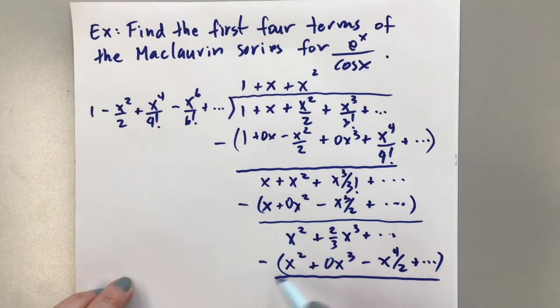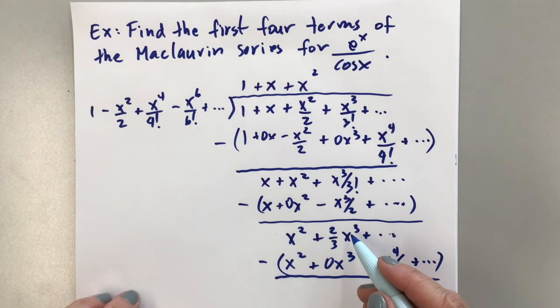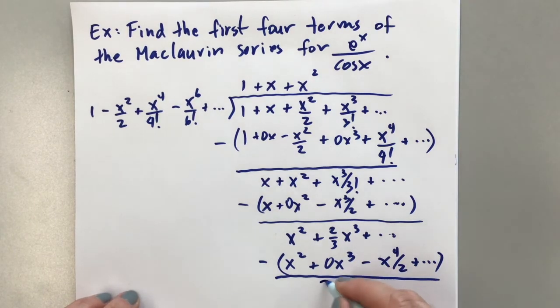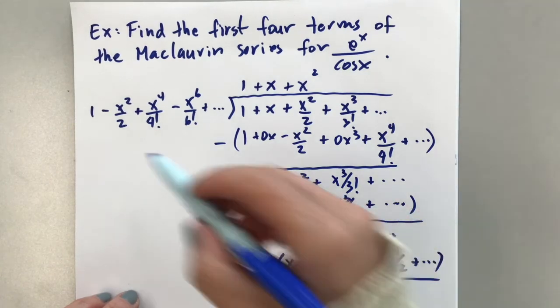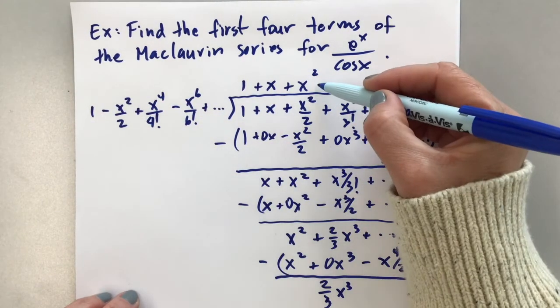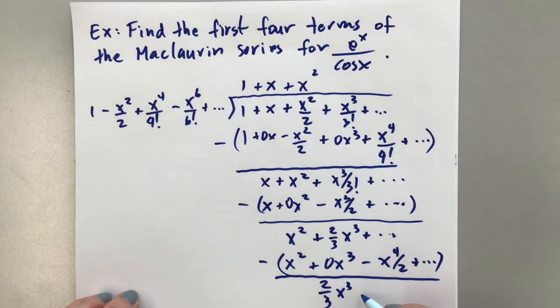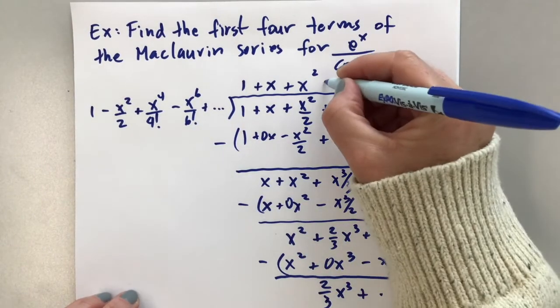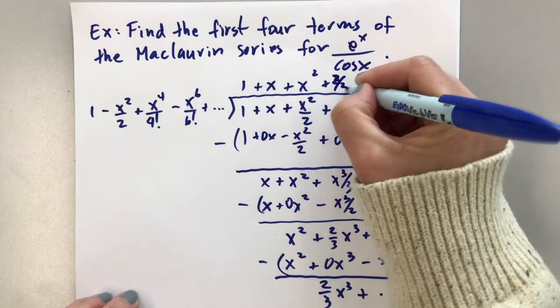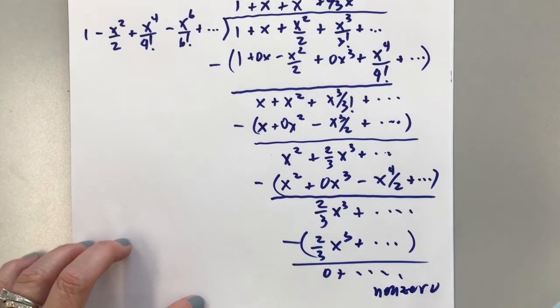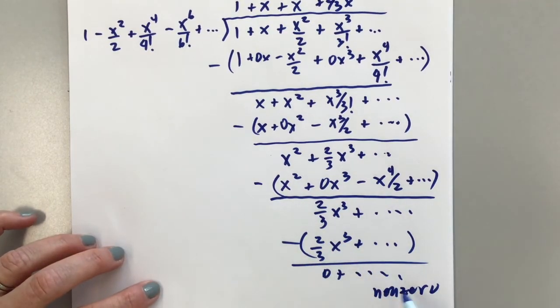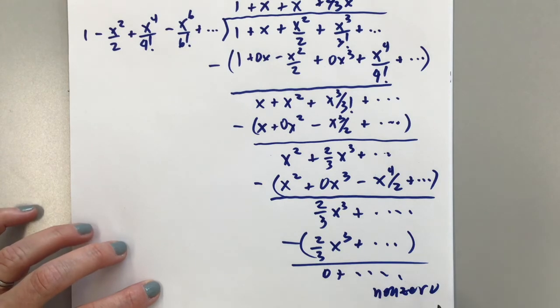So x squared minus x squared is 0, then we get our 2/3 x cubed minus 0 x cubed, 2/3 x cubed, and I can already tell that this term here is not going to be 0, so I will not need the rest of this stuff. So 1 times 2/3 x cubed is going to be 2/3 x cubed. So we get 0 plus a bunch of other stuff, which is non-zero.